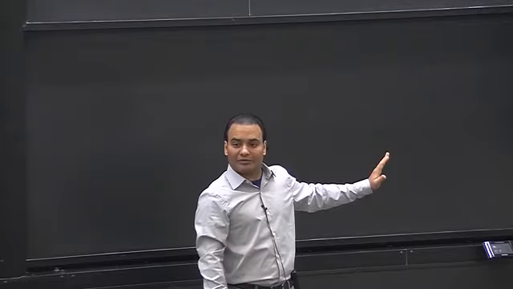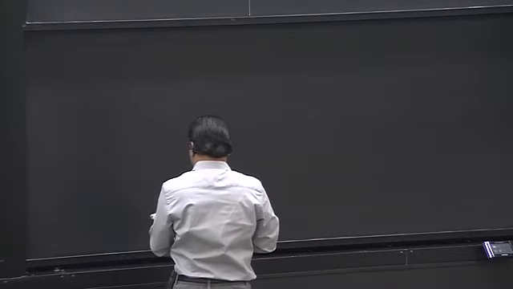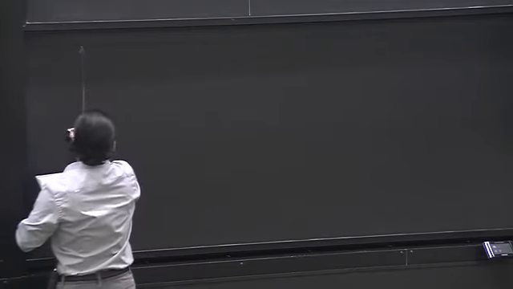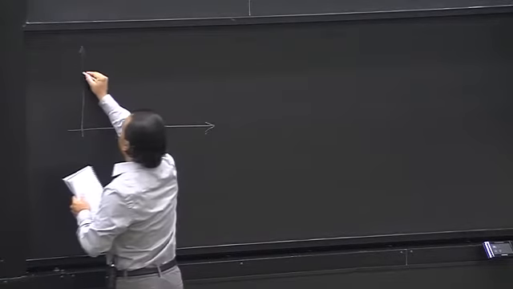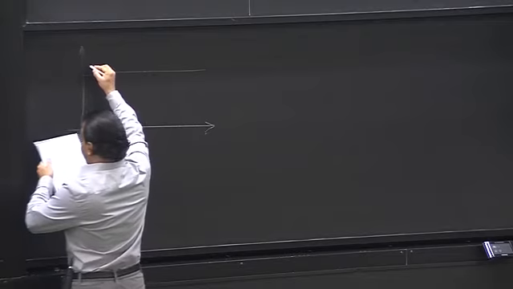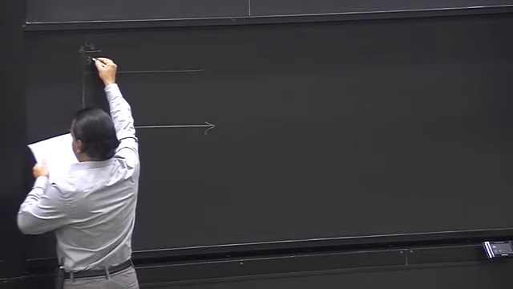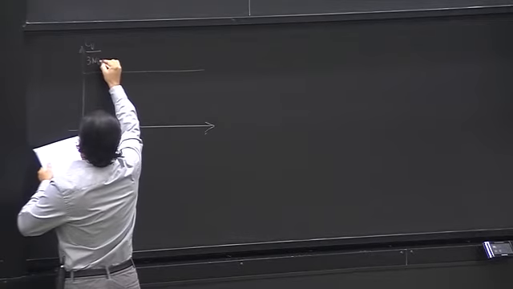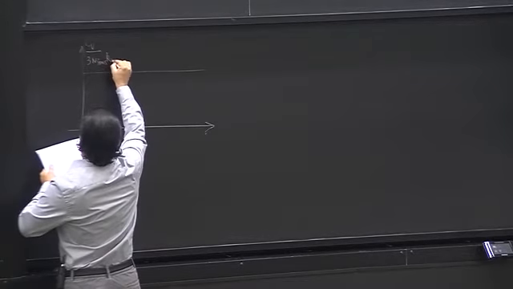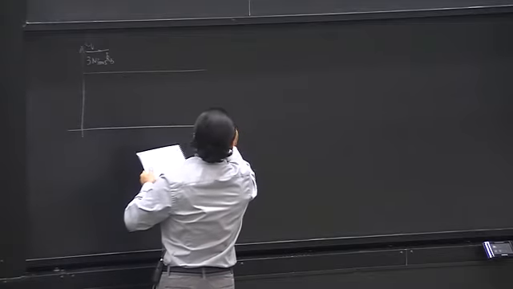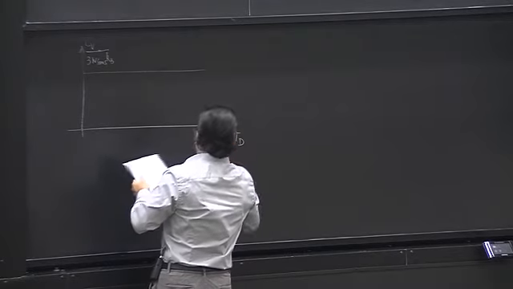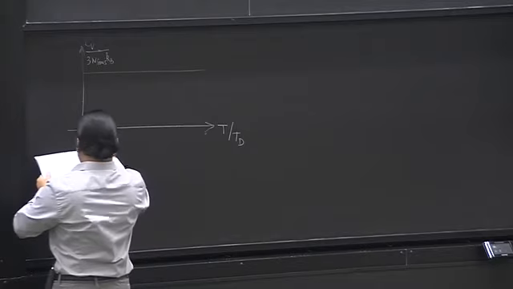So this only includes the ionic contribution to specific heat. So if you compare this with the experimental data, here it's the specific heat divided by 3 times the number of ions and the Boltzmann constant, as a function of temperature divided by T_D.